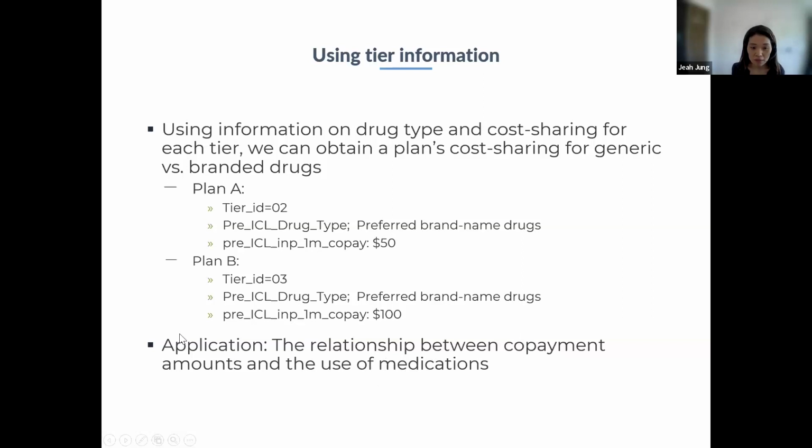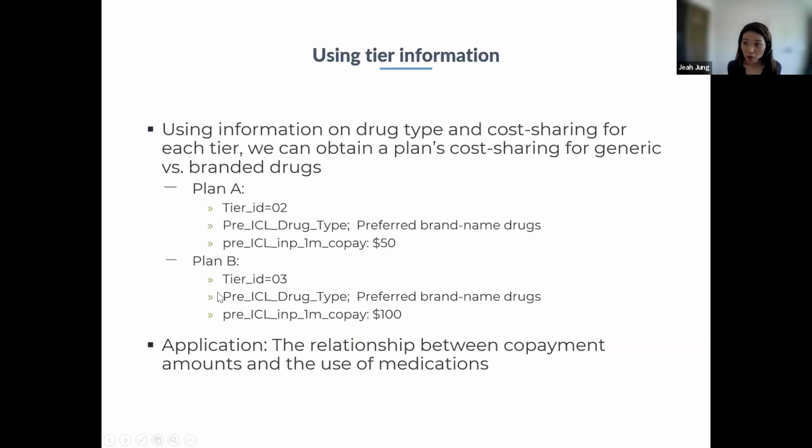So in this example, Plan A used the second tier to place preferred brand name drugs. And then they charge, I'm going to just use the pre-ICL benefit phase, and this is an in-network pharmacy, and this is for 1 month of medications, and this plan uses a copayment, and this was $50 for preferred brand name drugs.